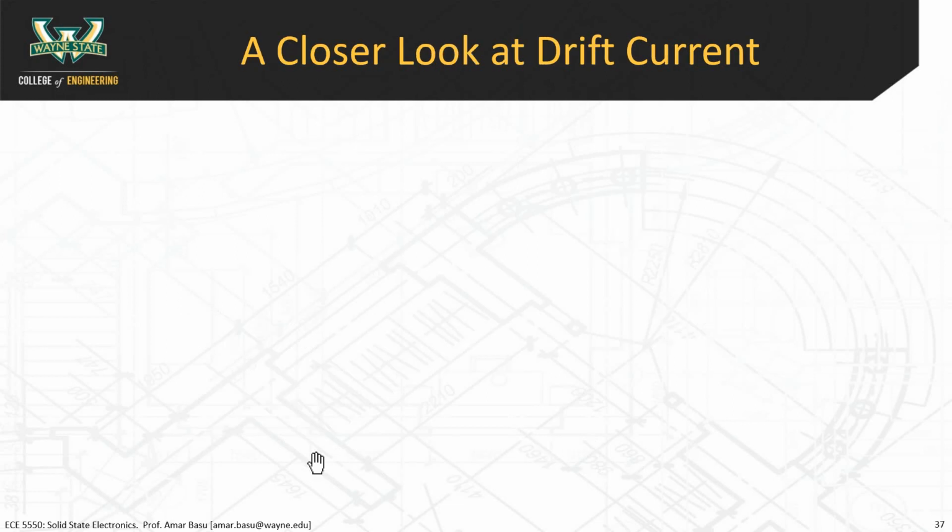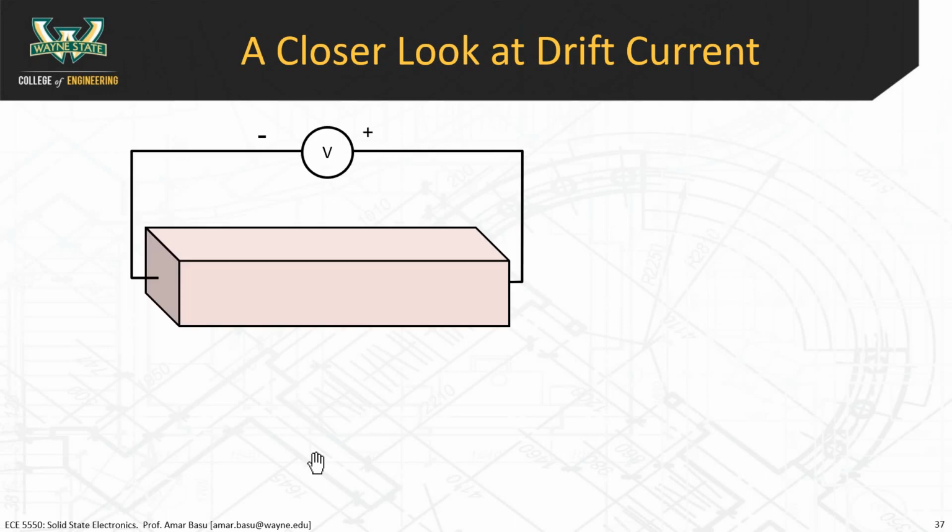All right, so we're going to look at what happens in a semiconductor when you apply a voltage across it. So this rectangular bar here represents a semiconductor, just a block of it, and you're putting a voltage across the material. So the semiconductor behaves as a resistor, you should get some current. But let's look at what's happening inside the semiconductor.